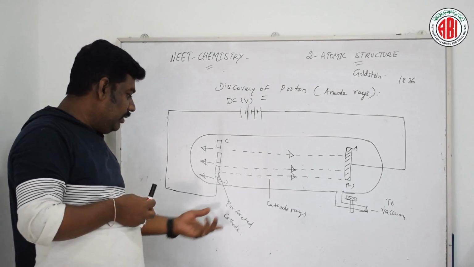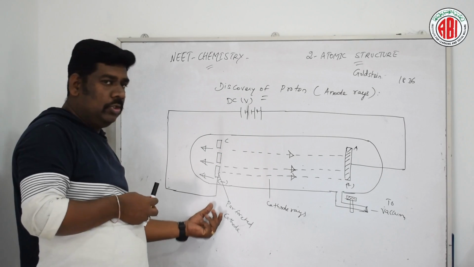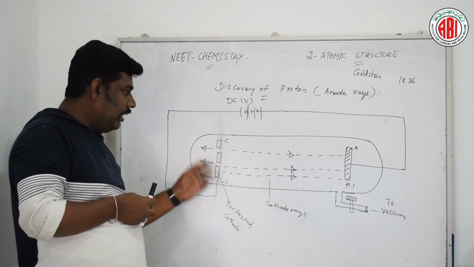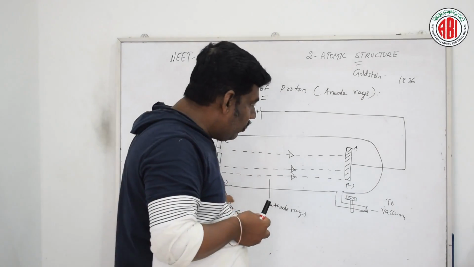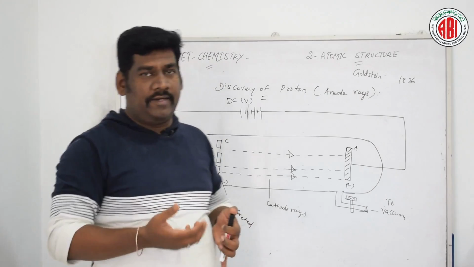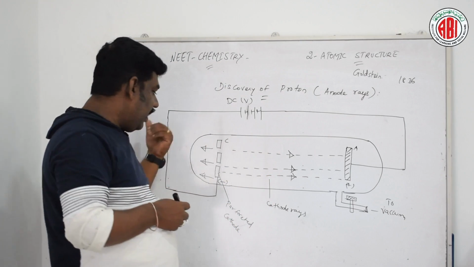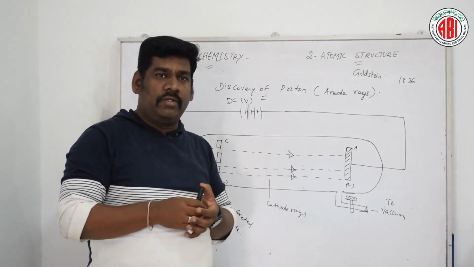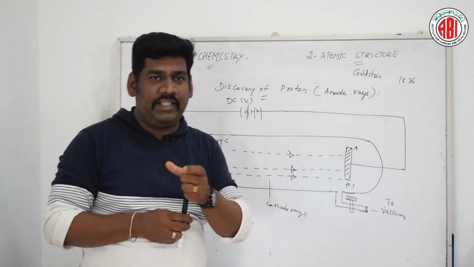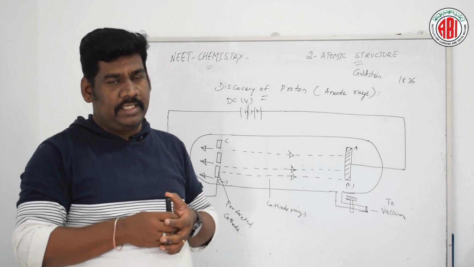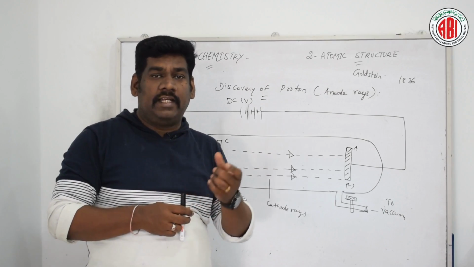He made the cathode a perforated cathode, so through this perforated cathode a few rays pass from the cathode electrode to the anode electrode. These rays travel in the opposite direction to the cathode rays, and he called them anode rays.